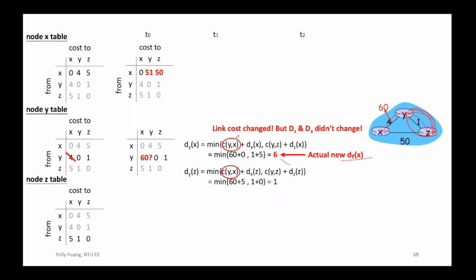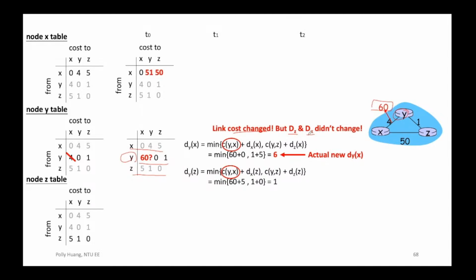So you see here, even though y is capable of detecting there's a link cost change right here, y's routing decision, route calculation, is still based on the old dx and old dz. Right at the link cost change, y has not yet received the new dz, new dx yet.